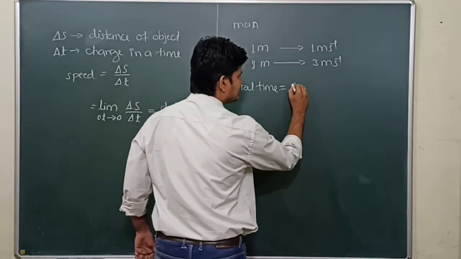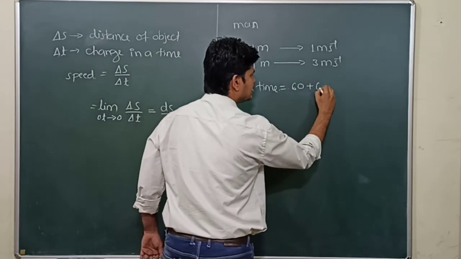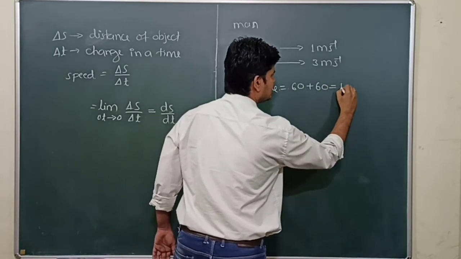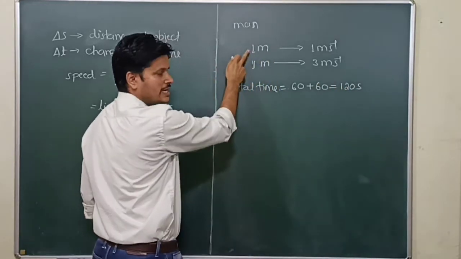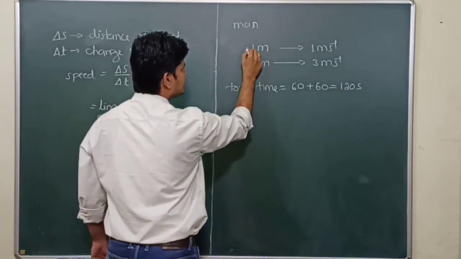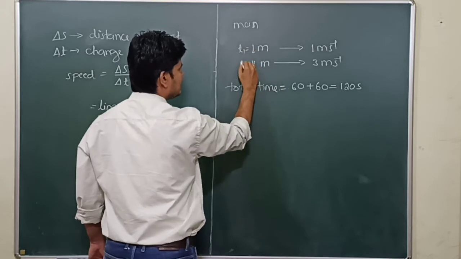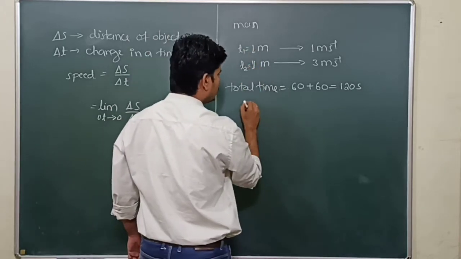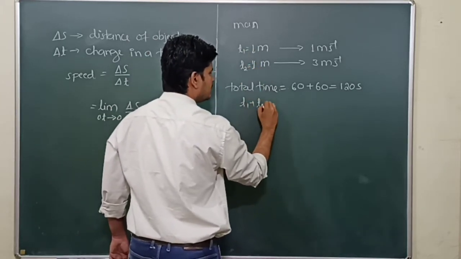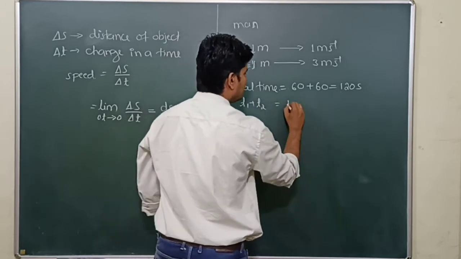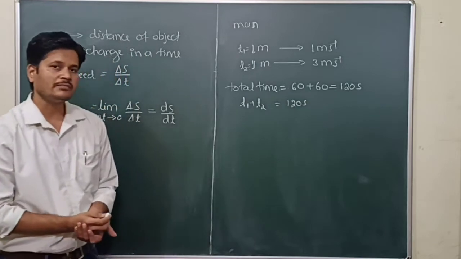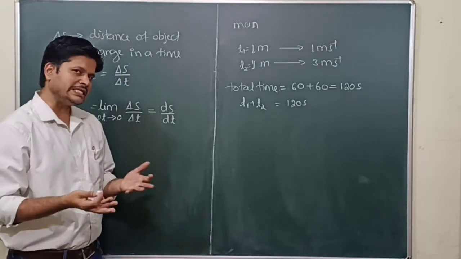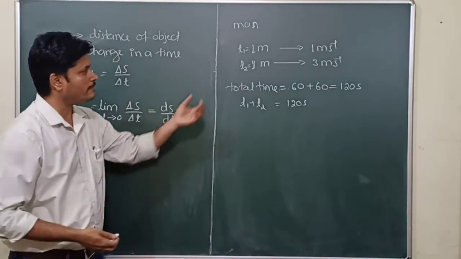That means 60 seconds plus 60 seconds, which is totally 120 seconds. Let us take this as T1 and this as T2. When we do T1 plus T2, which gives 120 seconds, right?